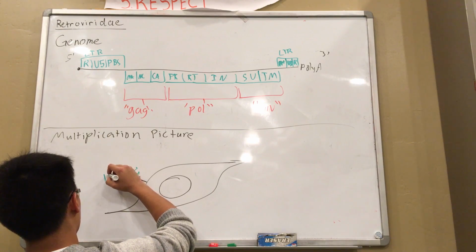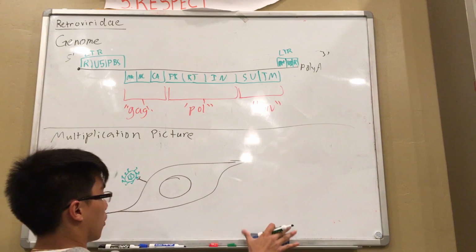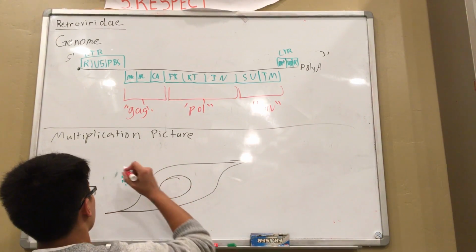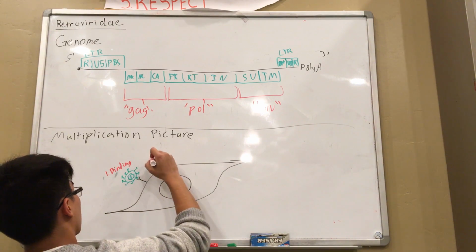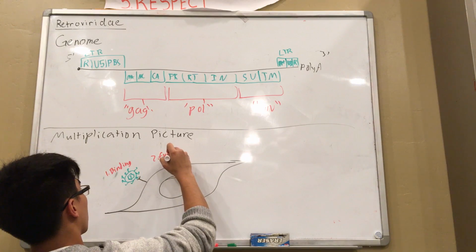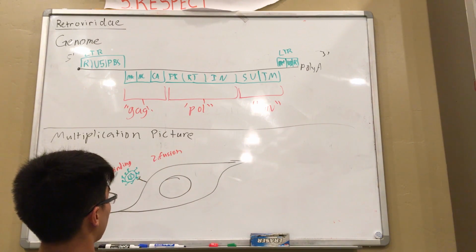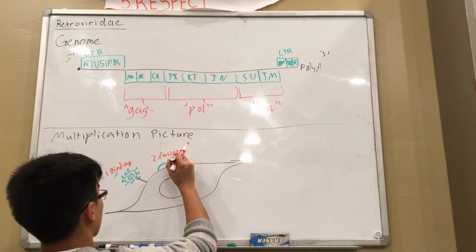So this is step 1: binding. And then you have step 2, fusion. This is not step for step, this is just very, very general.